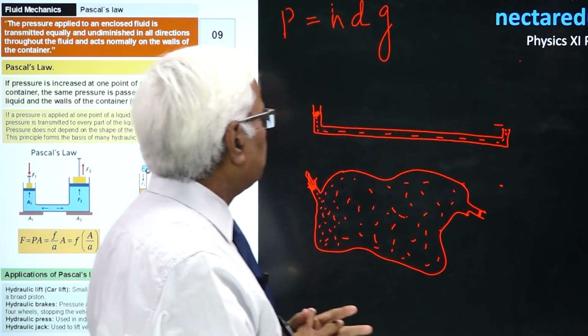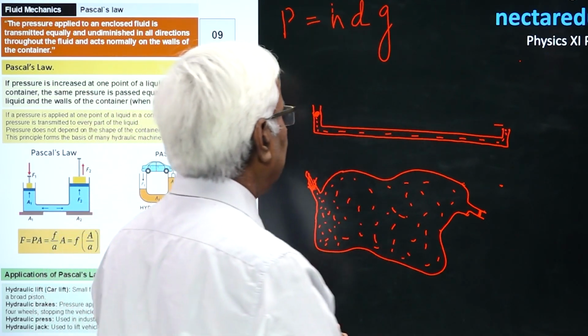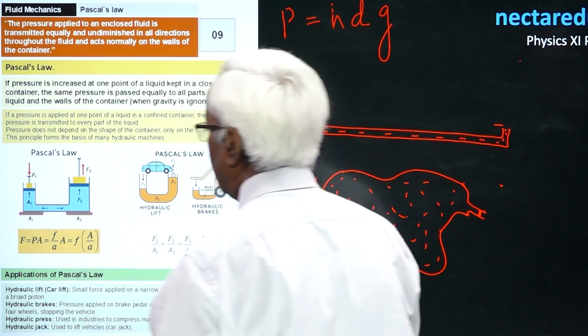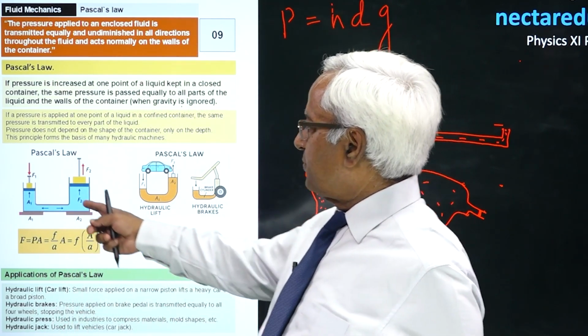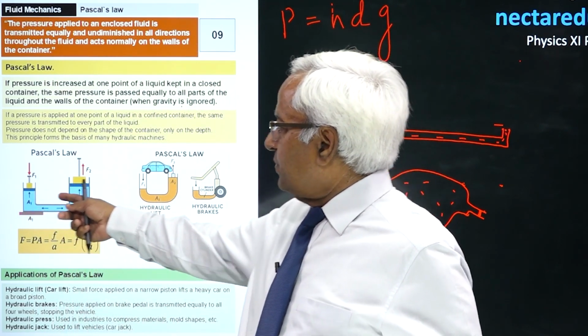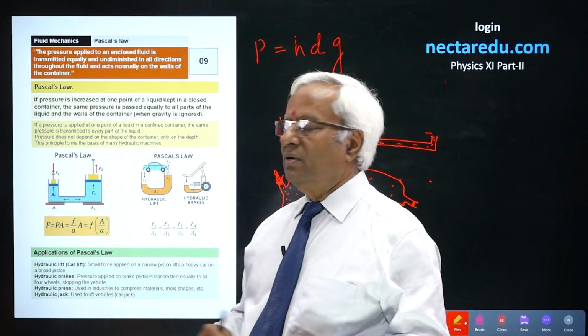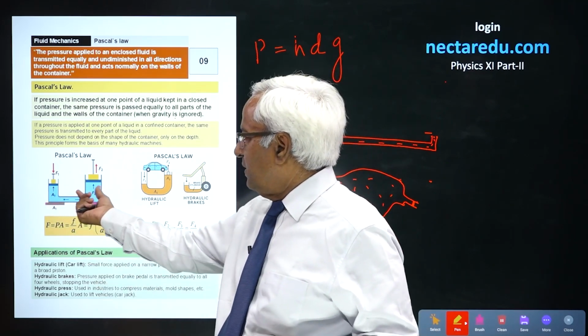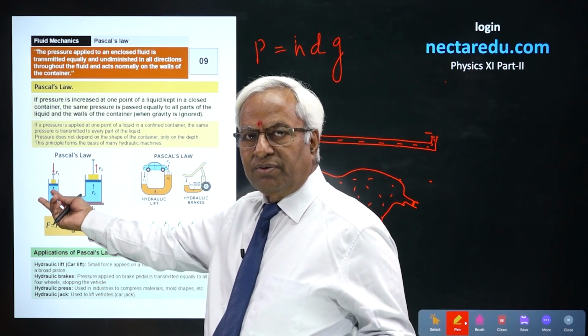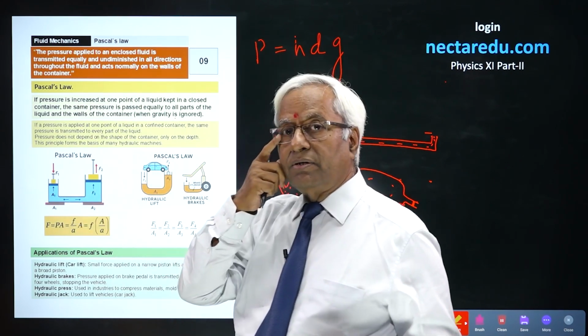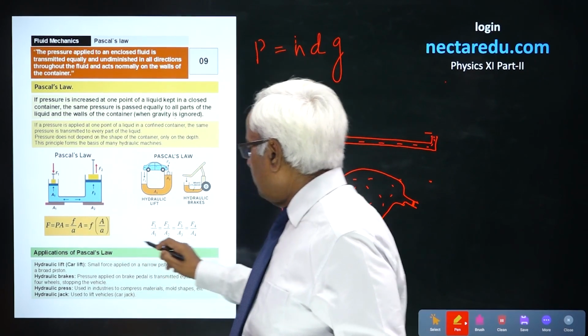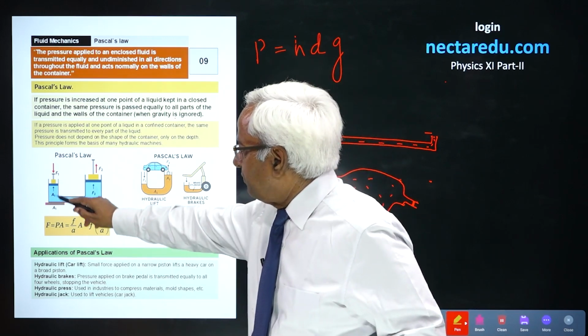Now, with this Pascal's law, we have so many applications in our practical life. For example, here you see two vertical columns filled with liquid. Both are dissimilar in their cross section. One is narrower, other is wider. You see, F1 upon A1, this side is F1.